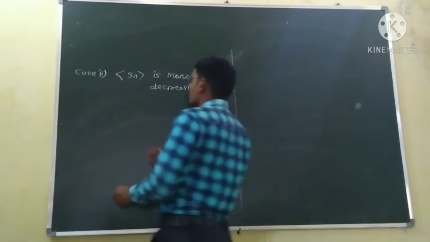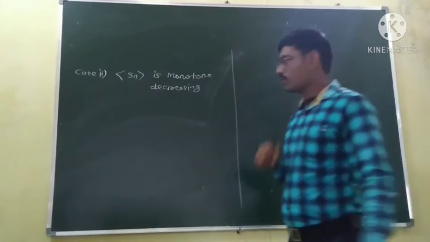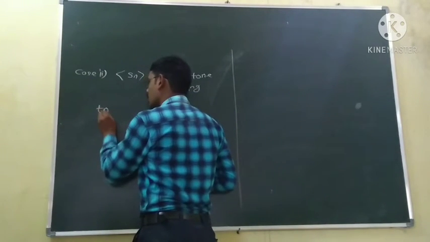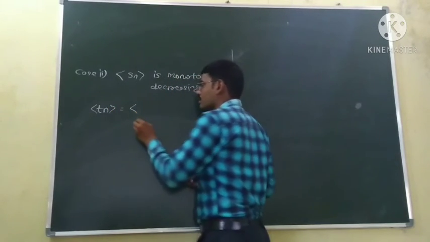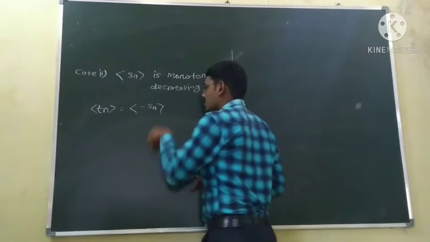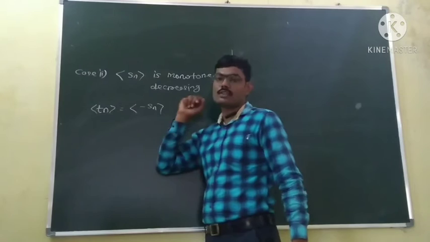We are given that Sn is a monotonic decreasing sequence. Now we will construct a new sequence Tn, which is equal to minus Sn. So we have defined a new sequence which is just the negative of the given sequence.